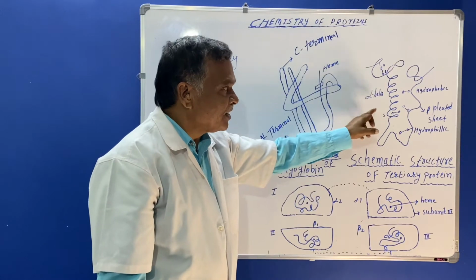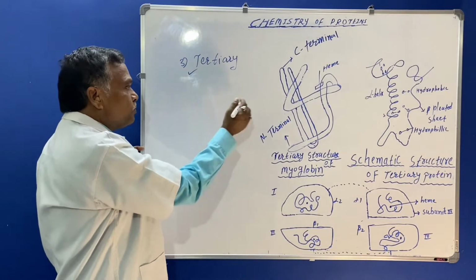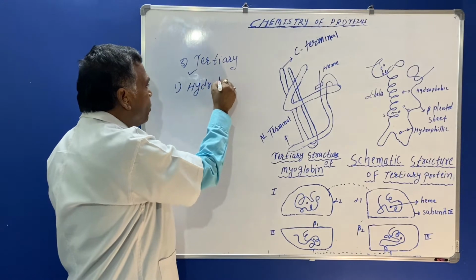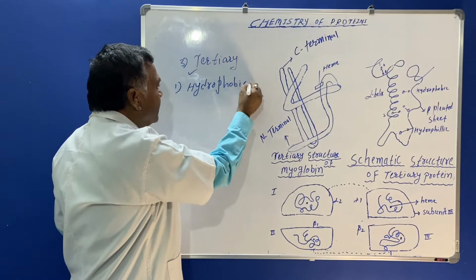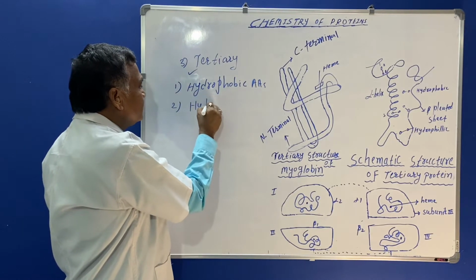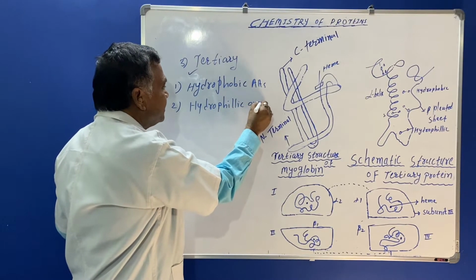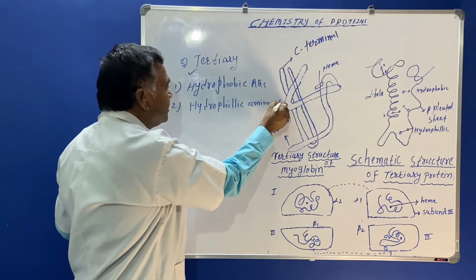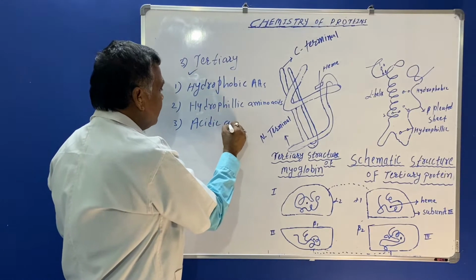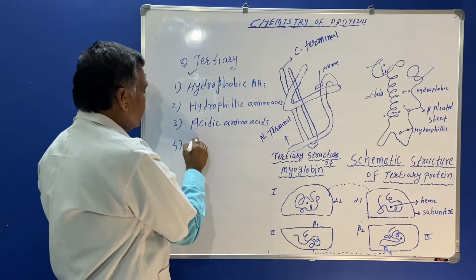So in the schematic structure, we'll see this tertiary structure of the protein will contain hydrophobic amino acids. It will contain hydrophilic amino acids, and it will also contain acidic amino acids, basic amino acids.